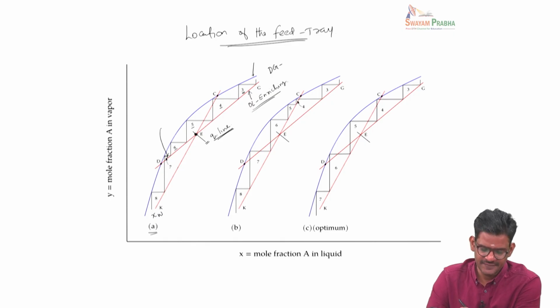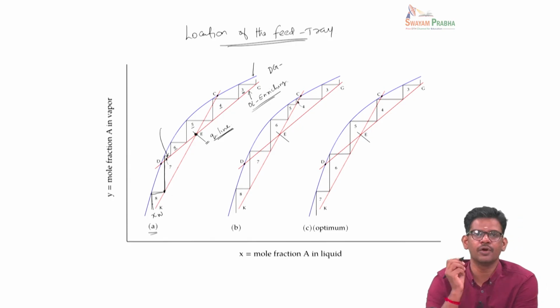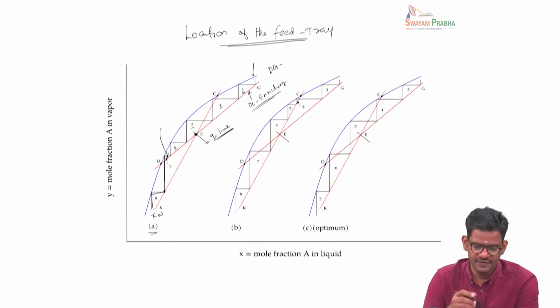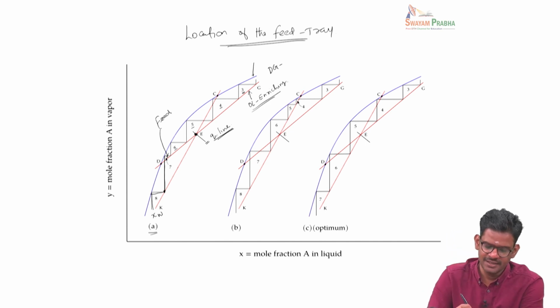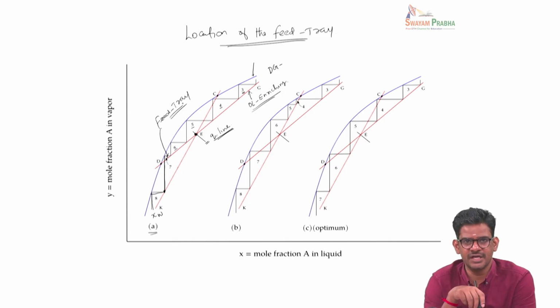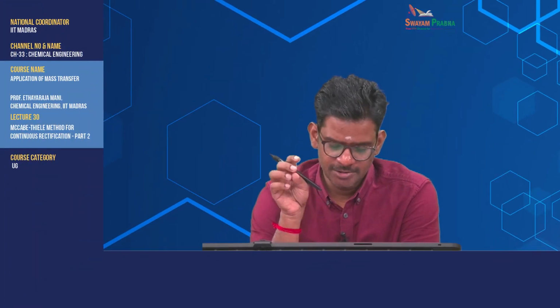So you can see that the seventh tray goes all the way to the operating line of the exhausting section, and from here onwards we continue the counting of the number of trays. So in other words, depending upon where the feed is located, here the feed is introduced in the seventh tray. So we use the operating line of the enriching section till the sixth tray.